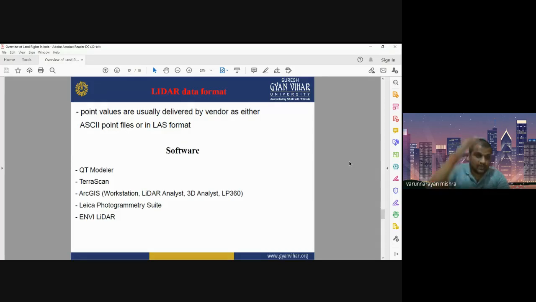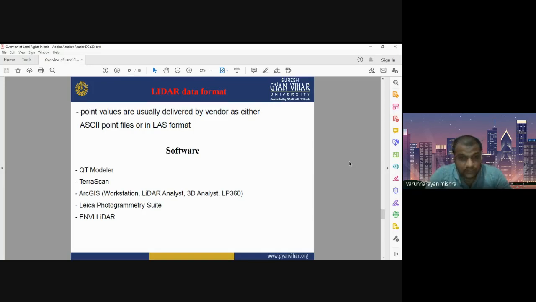So the data formats for lidar are LAS or ASCII. Whatever point values are captured by the lidar system, they will be delivered to you in the form of ASCII point files or in LAS format.